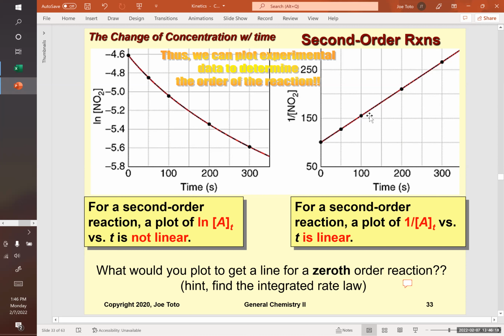And it also tells me that k equals what? The slope. Yeah. Why? Because that's what the integrated rate law says. Here, for second order, remember?